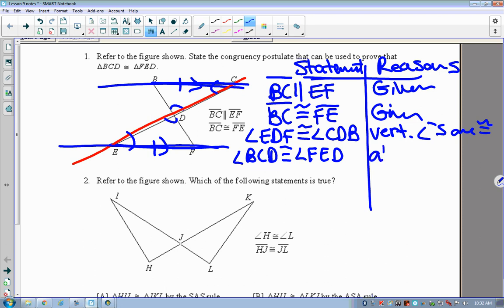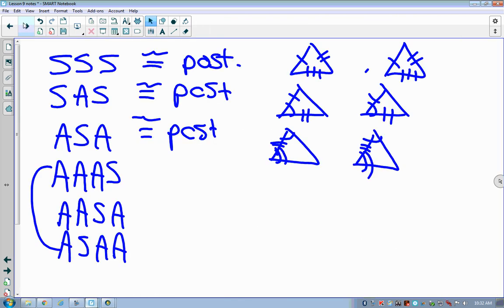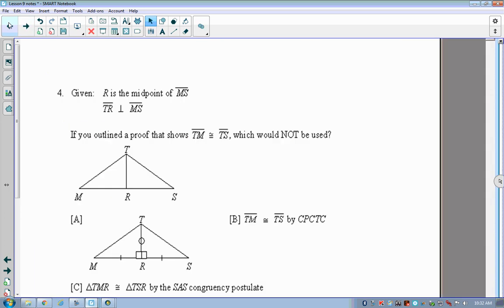So what I'm going to shorten it to is alternate interior angles are congruent. So that gives me angle, angle, side. Do I have anything for angle, angle, side? Can I stop there? I can't, right? I don't have an angle, angle, side, do I?